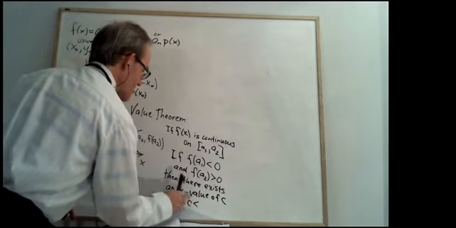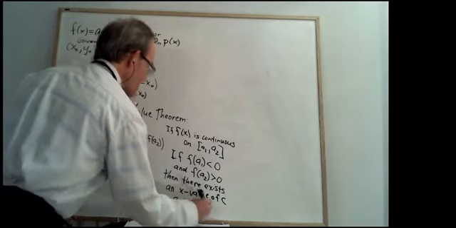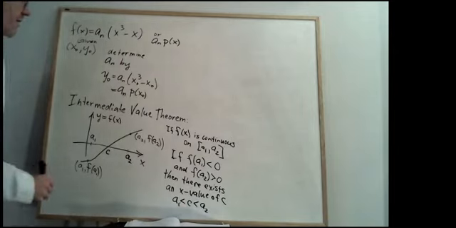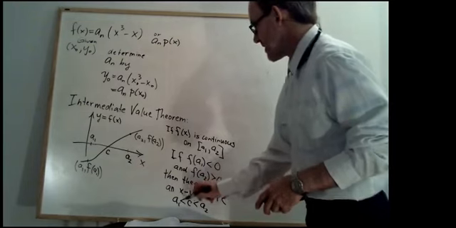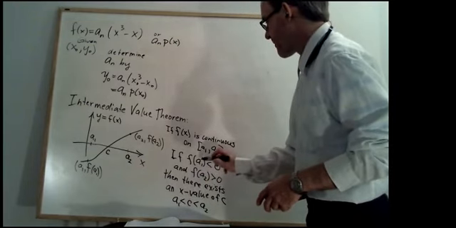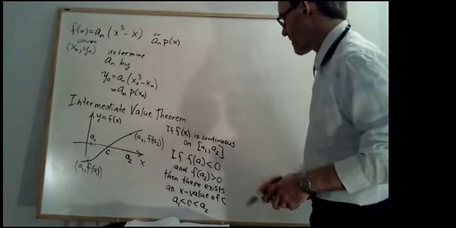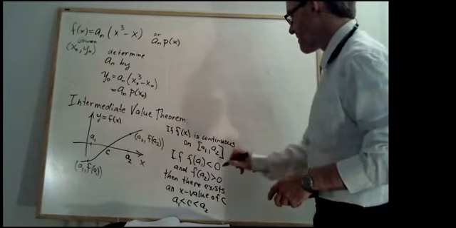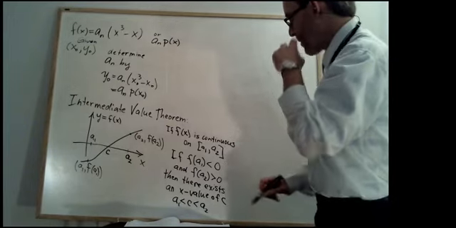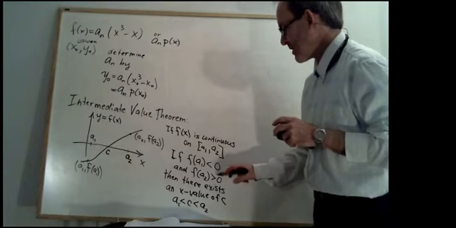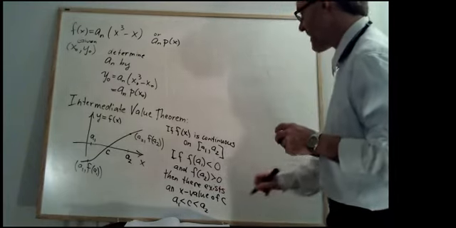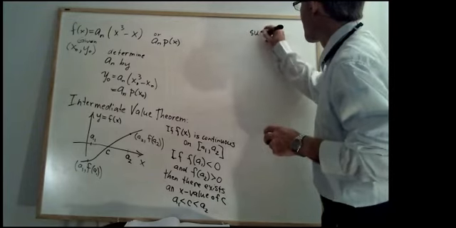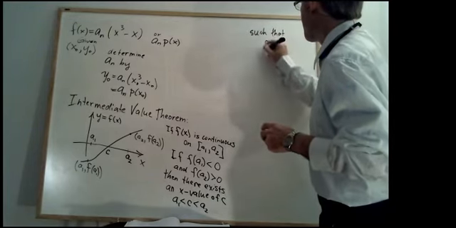Actually, c is strictly greater than a1 and strictly less than a2. Of course, because if c were equal to a1, then f of a1 would have to be 0, and that's not true. Or if c is equal to a2, then f of a2 would have to be 0. So there exists a c such that f of c is 0.